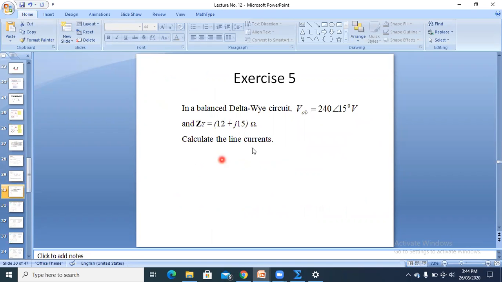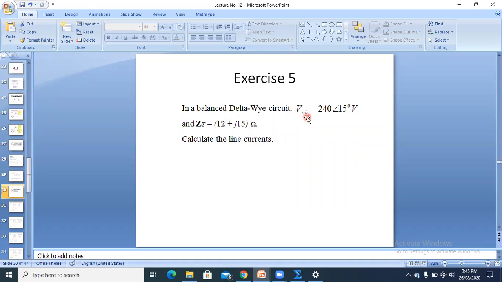Now we have another example in which a balanced delta to Y circuit has VAB of 240 at the angle of 15 degrees, and we have ZY of 12 plus j5 ohm.